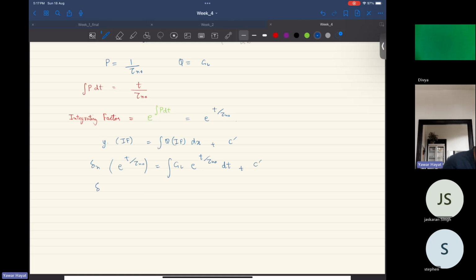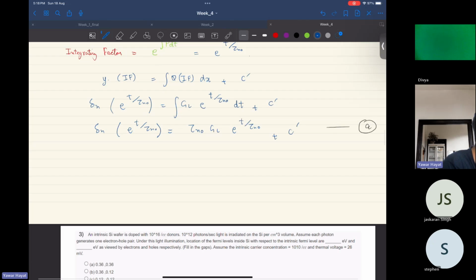And delta n exponential of t by tau n0 would be equal to, if you solve the integral, GL tau n0 exponential of t by tau n0 plus c prime. Let's keep this as your equation A.